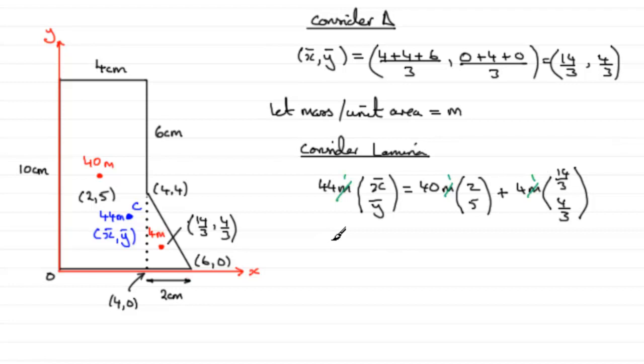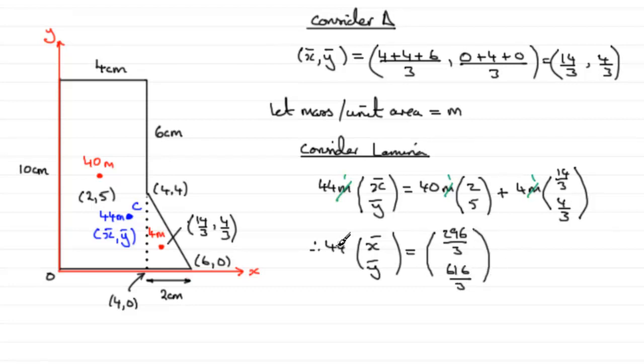And if we work this out now, we've got 44 multiplied by x bar, y bar equals, and if you do 40 times 2 plus 4 times 14 thirds, on the top you end up with 296 thirds. And if you do 40 times 5 plus 4 times 4 thirds, on the bottom you end up with 616 thirds.